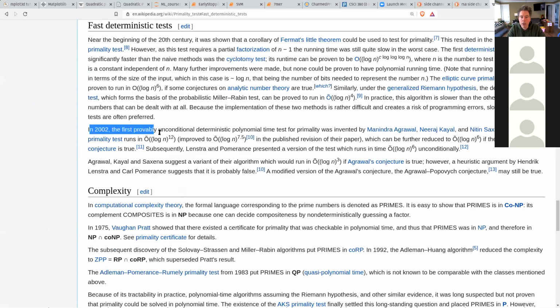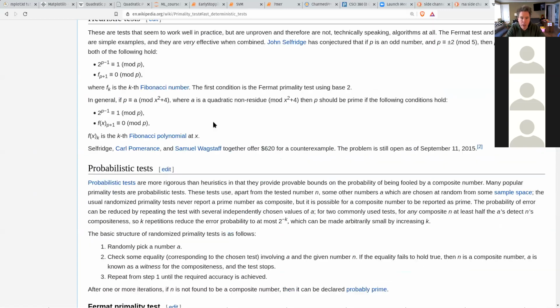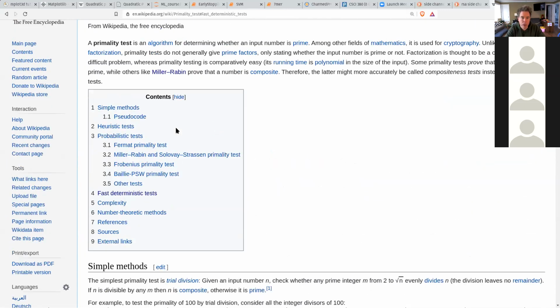Yeah, in 2002, the first provably unconditional deterministic polynomial time test for primality was invented by these authors. And I think they've got it down to, log n here is the number of bits, so they've got it down to like the number of bits cubed. That's getting pretty good. But people still use these probabilistic tests, which we'll talk about.